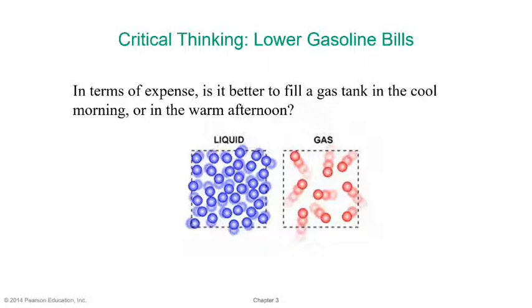I'm not going to be able to have the same mileage. So it makes sense to fill up our gas in the cool morning because we'll get more particles in that tighter, compact space because they have less energy, or less kinetic energy.